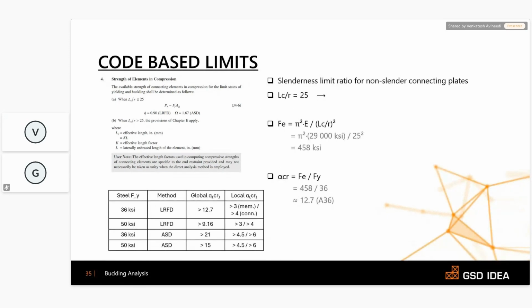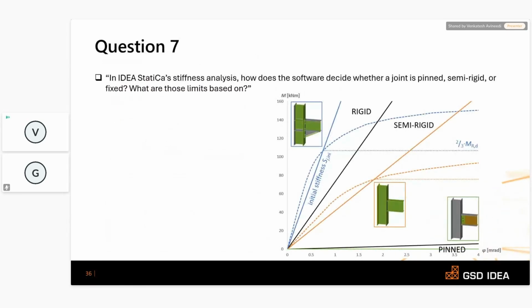The next question: in IDEA StatiCa stiffness analysis, how does the software decide whether a joint is pinned, semi-rigid, or fixed? What are those limits based on? The basic classification happens based on the moment rotation curve, as given in the AISC code or Eurocode, any code.